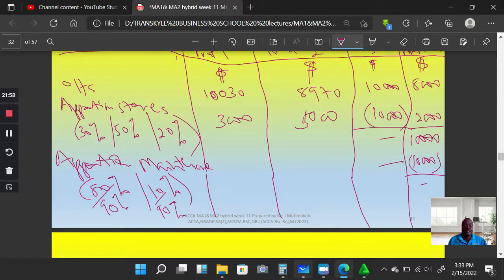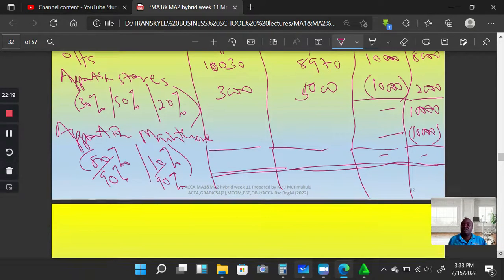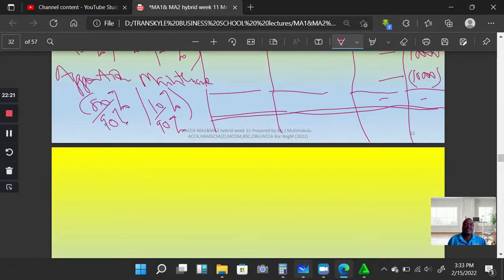Are we together? So this is when we need to total up here. Here already we are having zeros. So 10,000 is to be shared like this. 80% over 90% is the same as 8 over 9. 8 over 9 multiplied by 10,000.